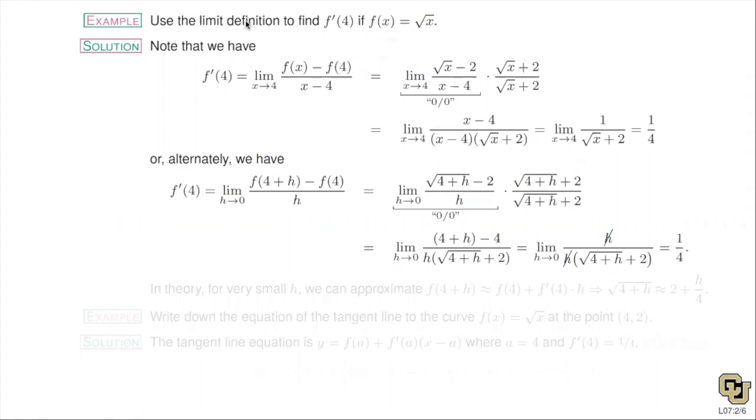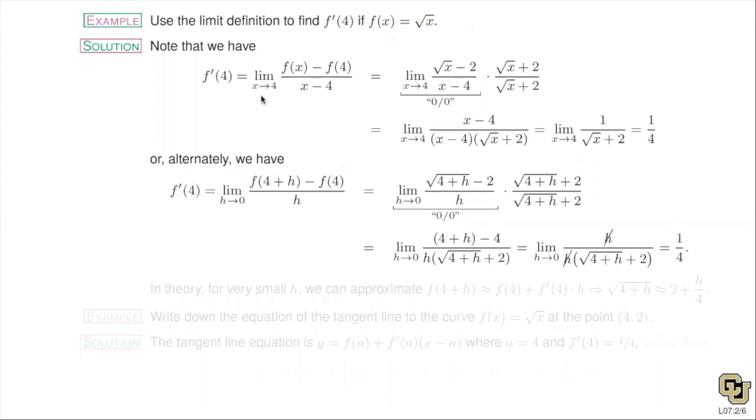So first, let's think about what this limit means. As h goes to 0, this quotient, whatever it is, gets closer and closer to this number. So assume h is a number either positive or negative, but very, very close to 0, like h is 0.01 or whatever.